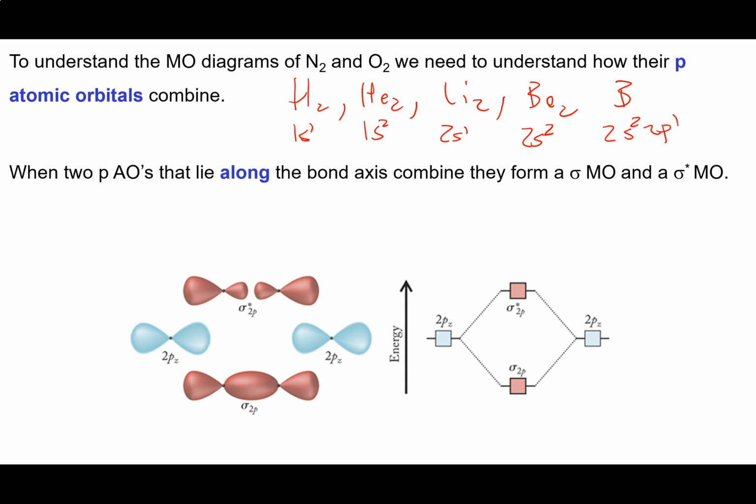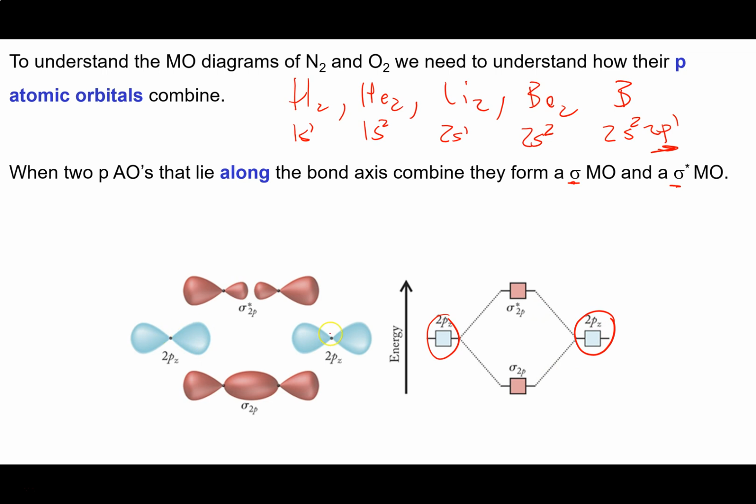So it starts getting a little bit more complicated because now we have to start considering how p orbitals overlap. So when 2 p orbitals that are along the bond axis combine, they're going to overlap in a sigma fashion.